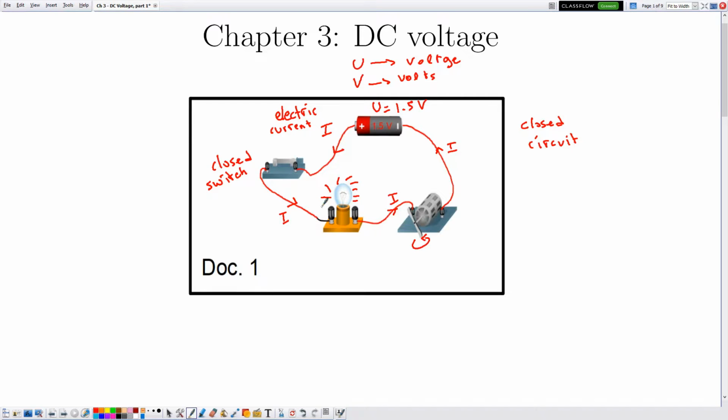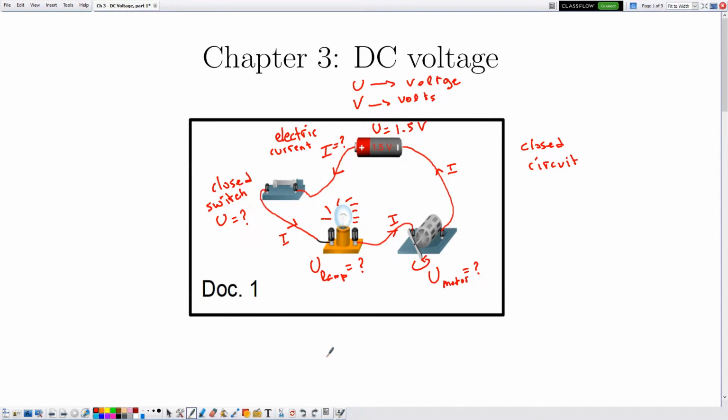So we can ask the following question: what's the voltage across the lamp? And what's the voltage across the motor? As well as the voltage across the switch. In this chapter we are going to learn how to calculate the voltages across different electric components as well as the current traversing the electric circuit.